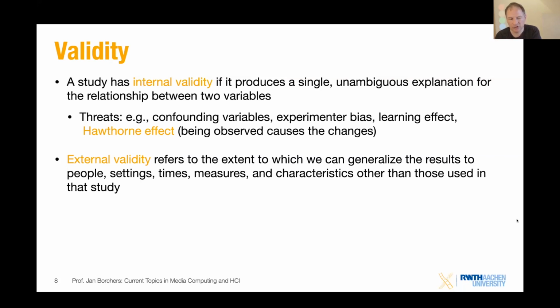So for example, if you run your study only with fellow computer science students of the age 20 to 28 or something, then you have shown something for that population, but can we generalize those results to, let's say, a population of people who work in a factory and are between 40 and 55? Right? Is that okay? Sometimes you can argue why your data will be able to generalize to other contexts like this or other user groups. Sometimes it's hard, right? So at least it needs to be paid attention to.